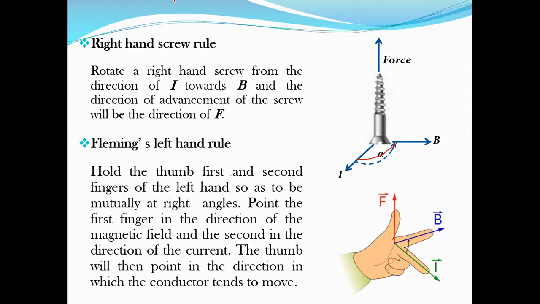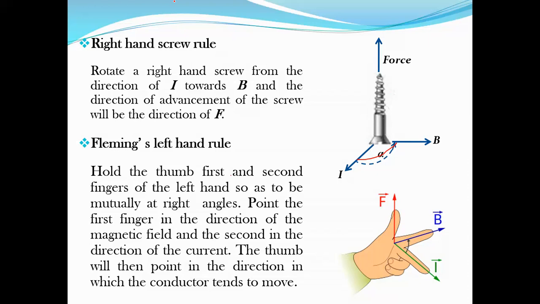Two variables, B and I, are changing, but the final one is the force, and it represents the direction. Rotate the right-hand screw from the direction of I towards B. The direction of advancement of the screw will be the direction of F, right?